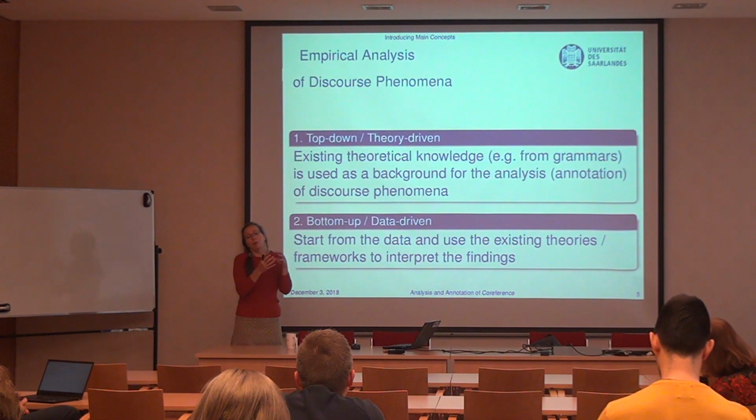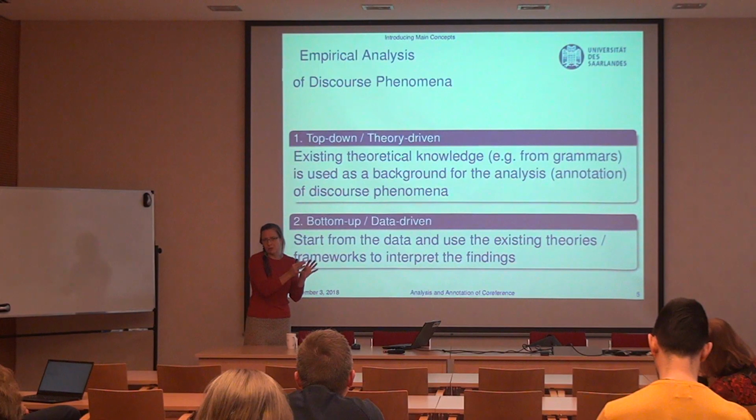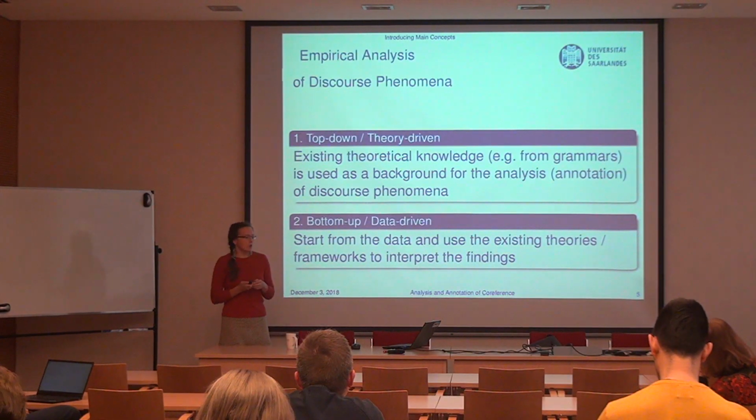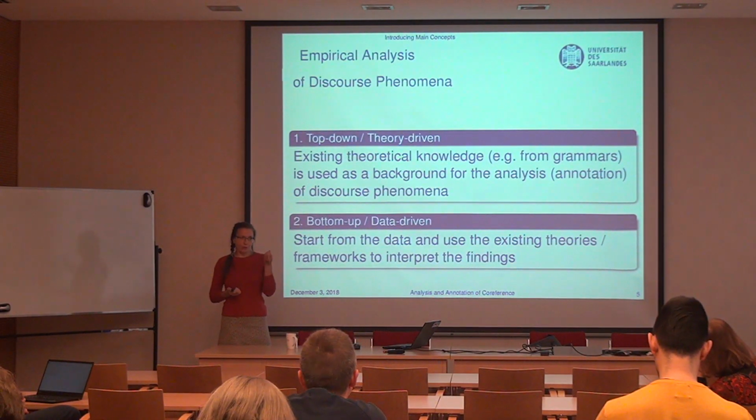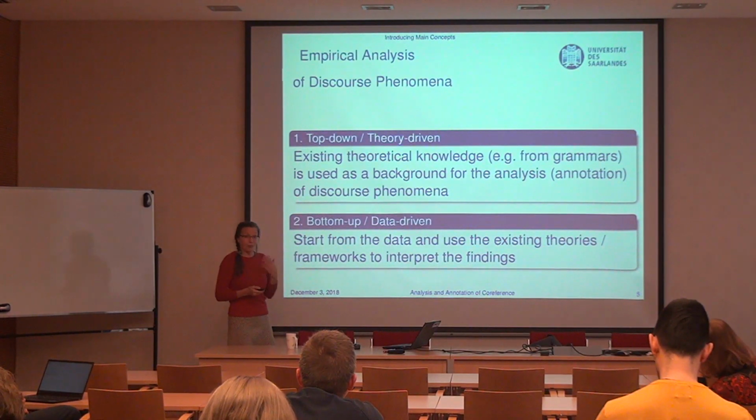Okay, we say, how does coreference look like? What do we include from the point of view of this theoretical framework into the categories? And if we start with the data, we analyze the data and try to interpret in terms of theories what we see in the data. What is happening in the data from the linguistic point of view.